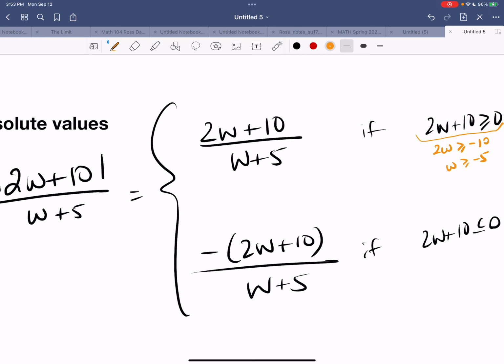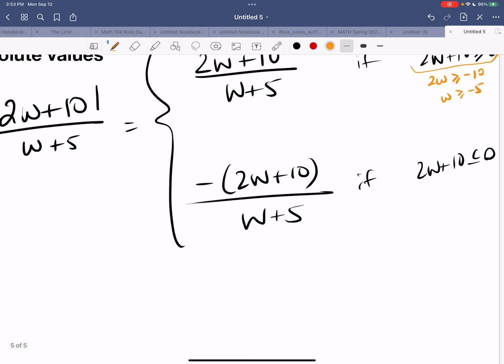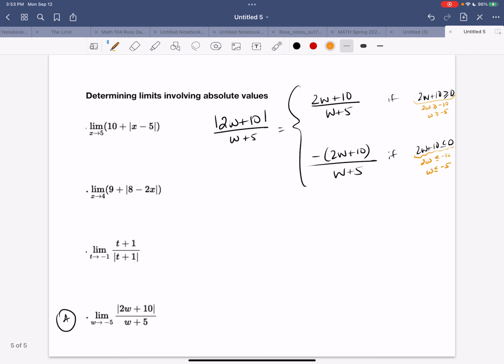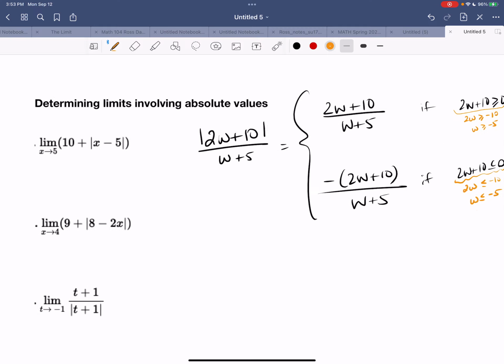But here we're dividing by a positive number, so we don't have to flip the inequality. Okay, down here, let's look at this inequality and see if we can rewrite it. It should be pretty similar, so it'll be 2w less than or equal to negative 10, and then divide by 2, so we'll have w less than or equal to negative 5. Okay, so negative 5 appears to be our little hot spot, and that matches with the fact that we're computing the limit as w approaches negative 5.